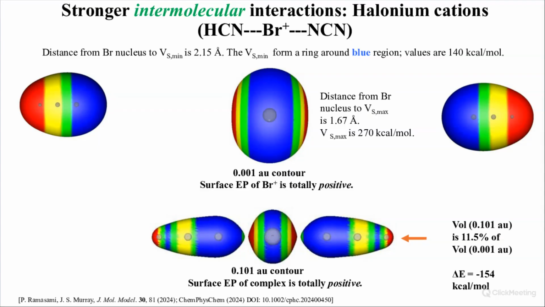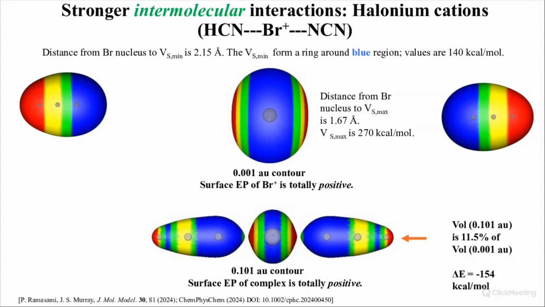And then I'm looking at the Br plus cation in the middle. It's totally positive because it's a cation, but it has a pi hole.